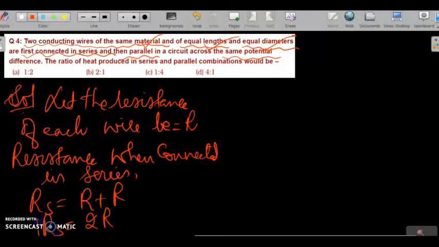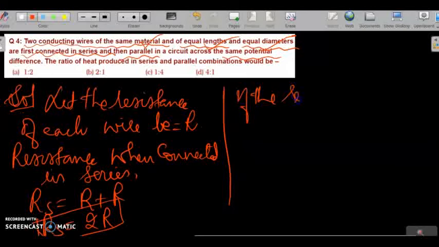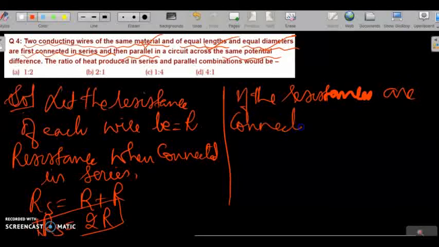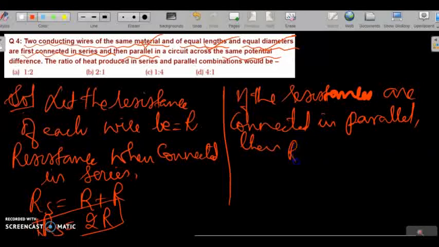Now if the resistances are connected in parallel, we know well that Rp will be equal to R into R by R plus R. That will be equal to R square divided by 2R.